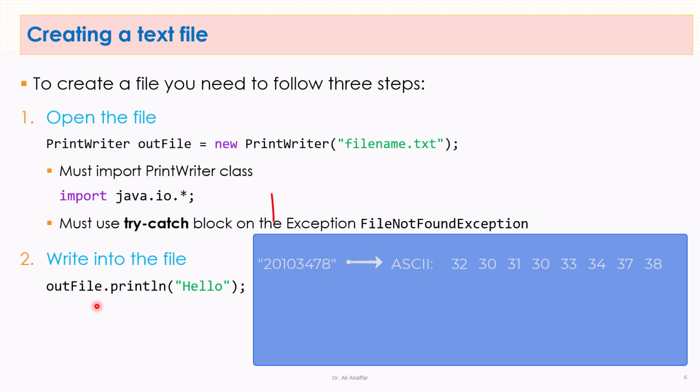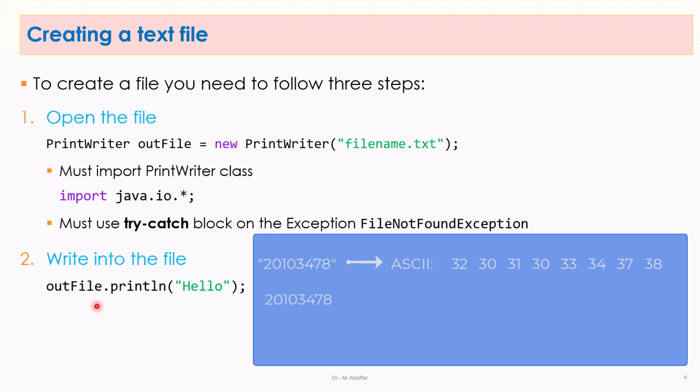So 2 will be saved into the file as the ASCII code 32 in hexadecimal, and 0 will be saved as the ASCII code 30 in hexadecimal, and so on. Since we have 8 digits, we are going to save 8 bytes into the file. So it depends on the size of the number. If it is 3 digits, then 3 bytes will be saved into the file. And if it is 10 digits, then 10 bytes will be saved into the file, and so on.